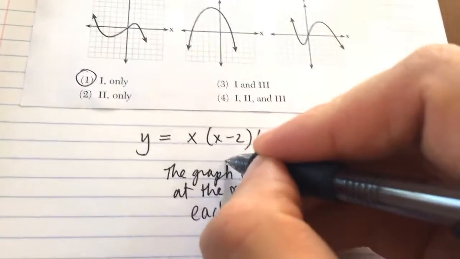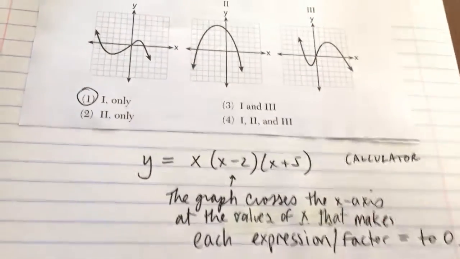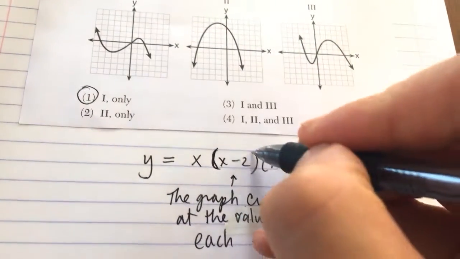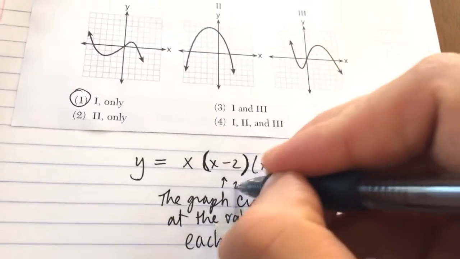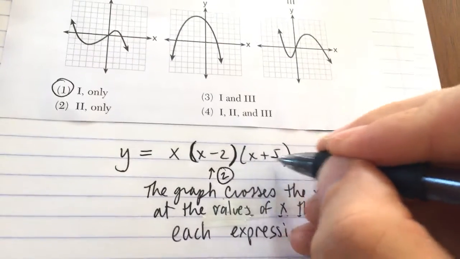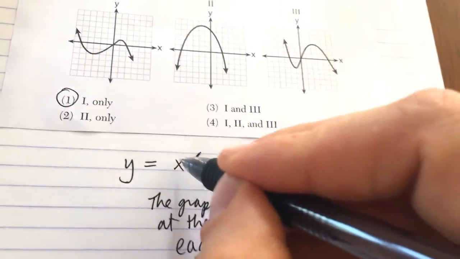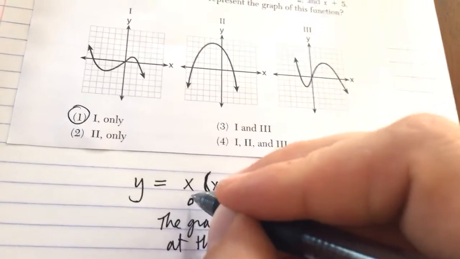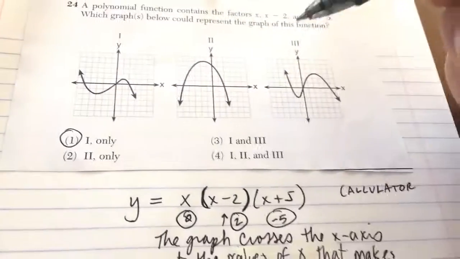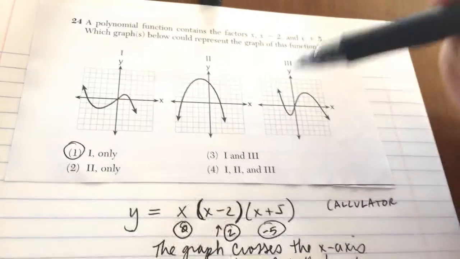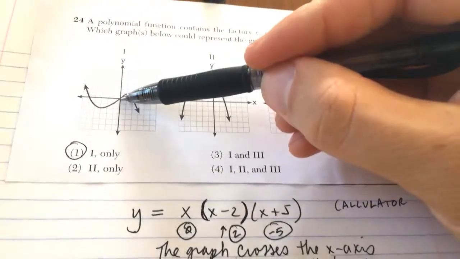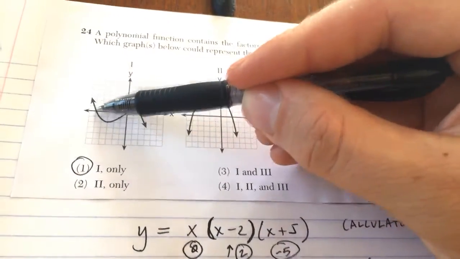So for example, what value of x makes this set of parentheses equal to 0? That answer is 2. What value of x makes this equal to 0? Negative 5. What value of x makes x equal to 0? Well, that's 0. So which of these graphs crosses at 0, 2, and negative 5?